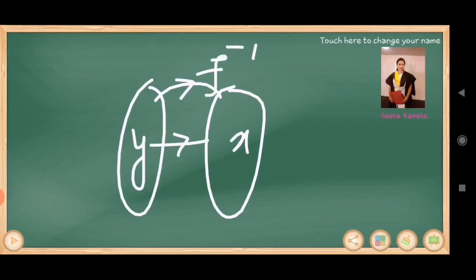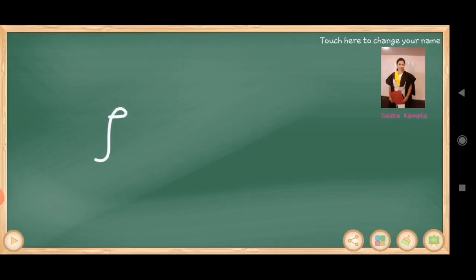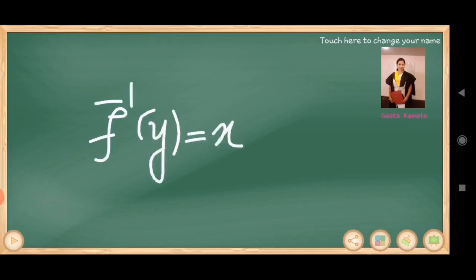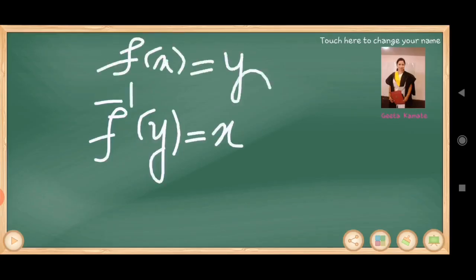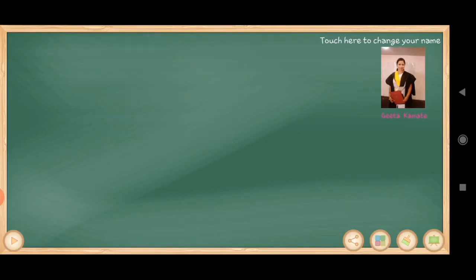And in that case we write f inverse of y is equal to x. So remember, if f of x is equal to y, then f inverse of y, when you bring f to the right hand side, it becomes f inverse. F inverse of y is equal to x.